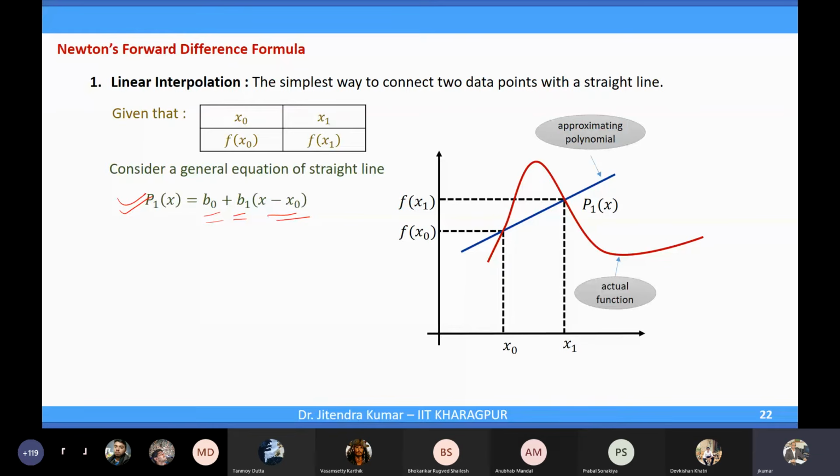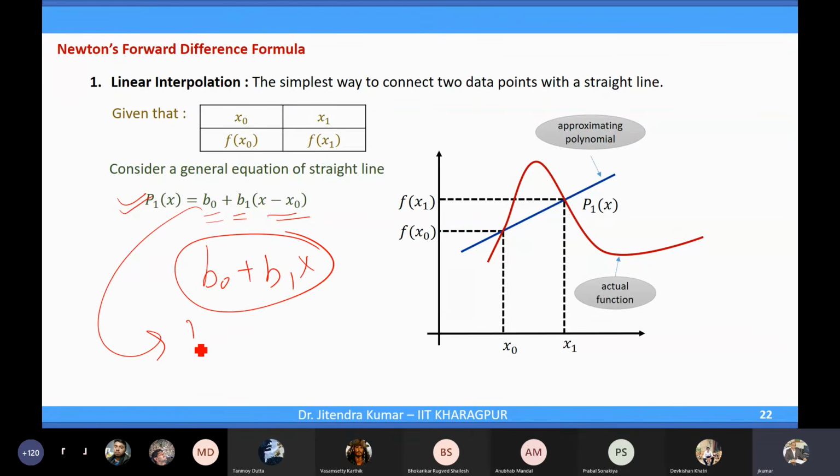Now you will be asking why we have taken this. Usually you take b0 + b1x, something like that. It is the same only, there is no difference. You have b0 - b1x0, which is a constant term, plus b1x.